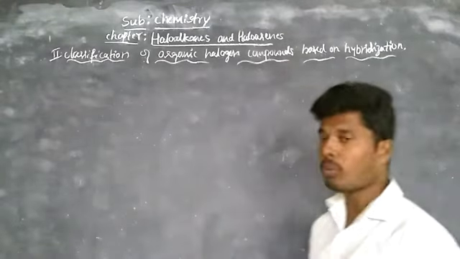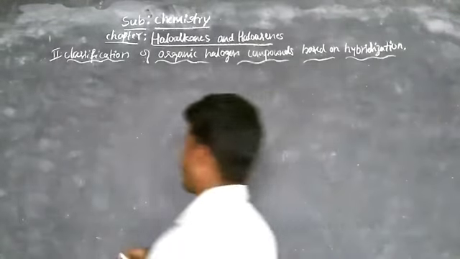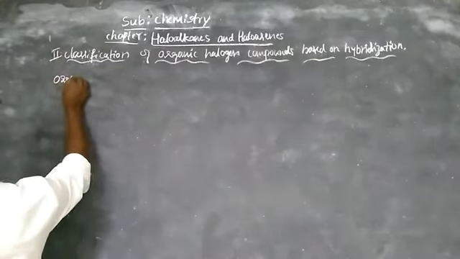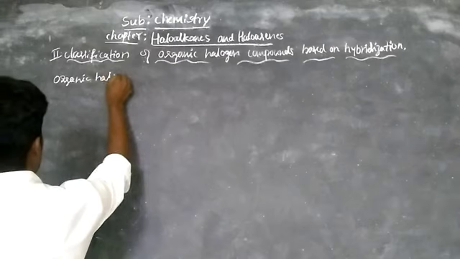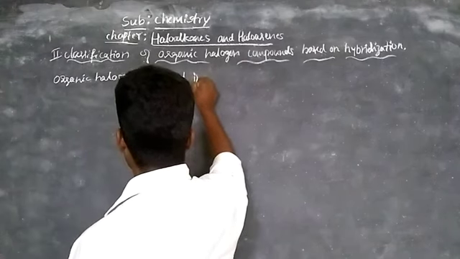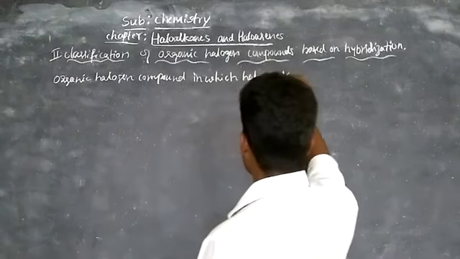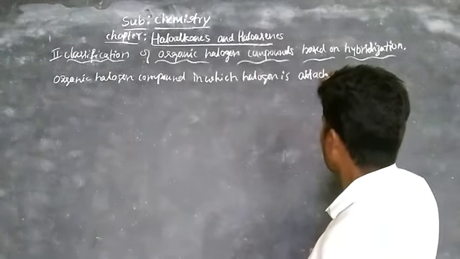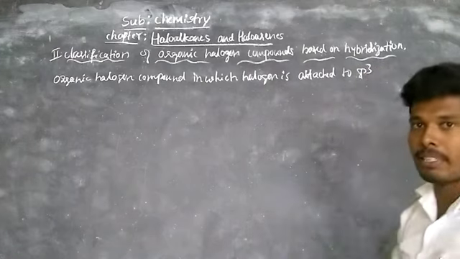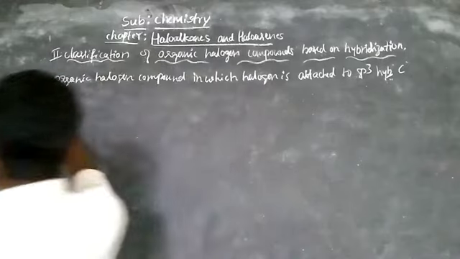The first is the halogen compound in which the halogen is attached to sp3 hybridized carbon, and this is the first classification.